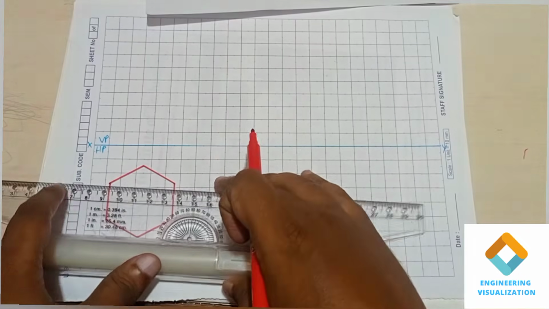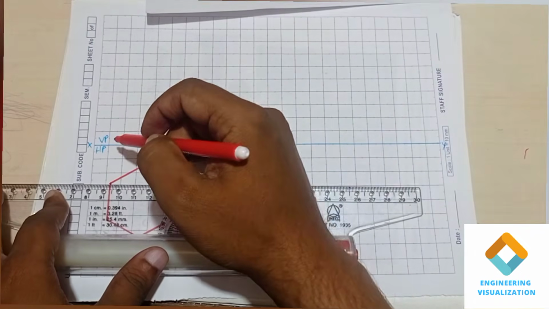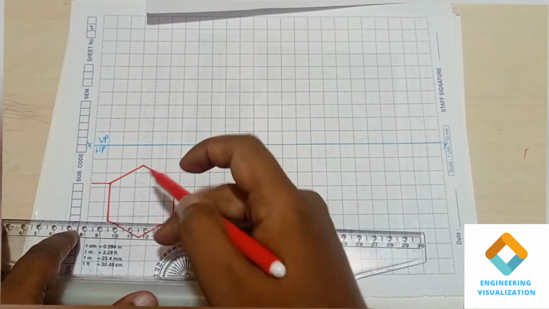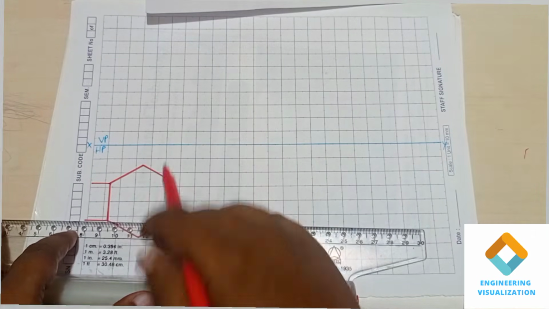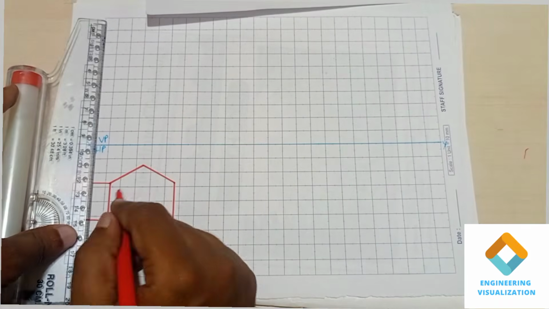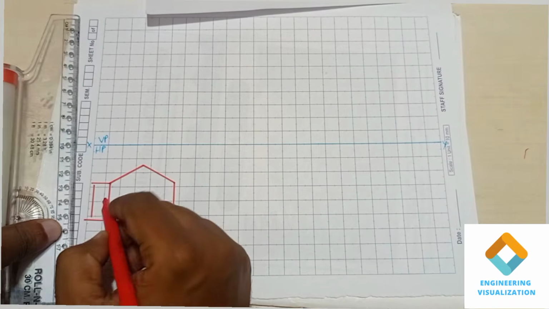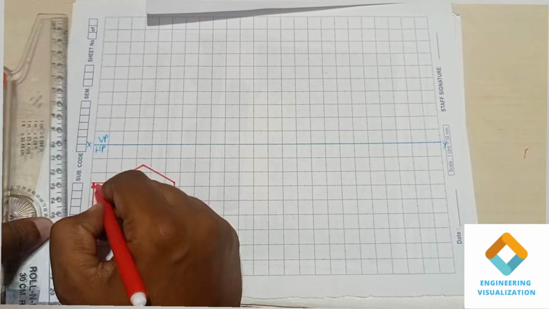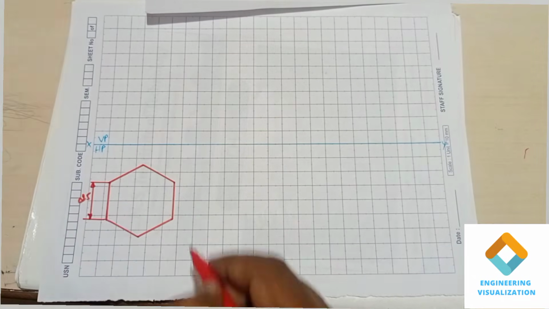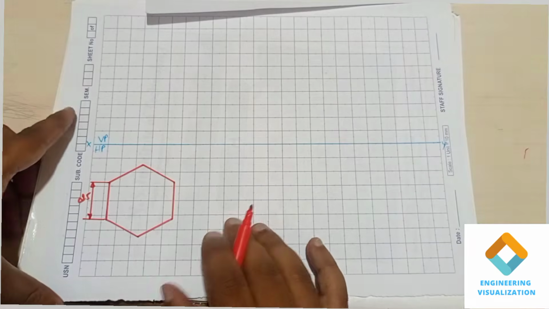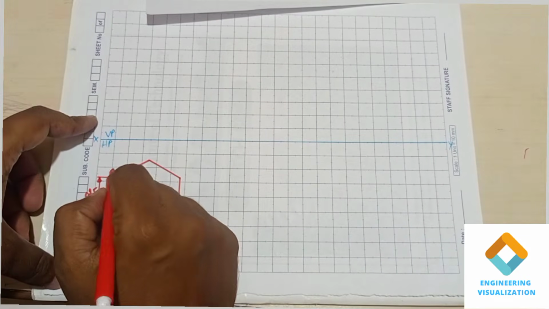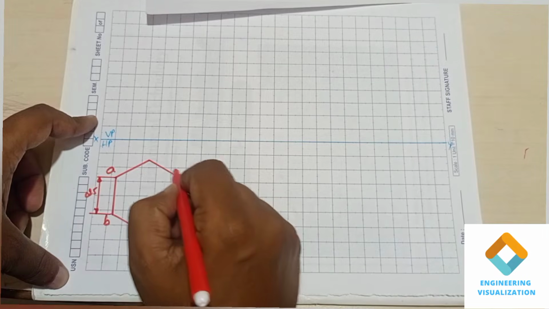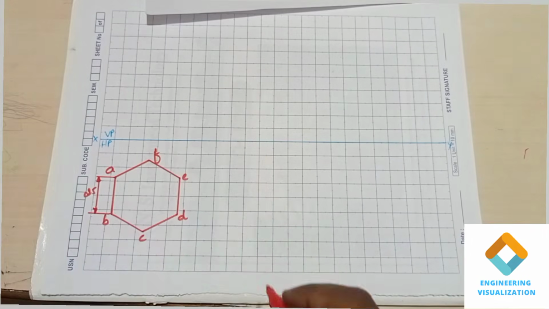Now we have to show the dimension for it and erase the circle. Okay, circle is not required, erase it. So show the dimensions for one edge, dimension of 25 mm. Can write the namings now. A, B, C, D, E, F.